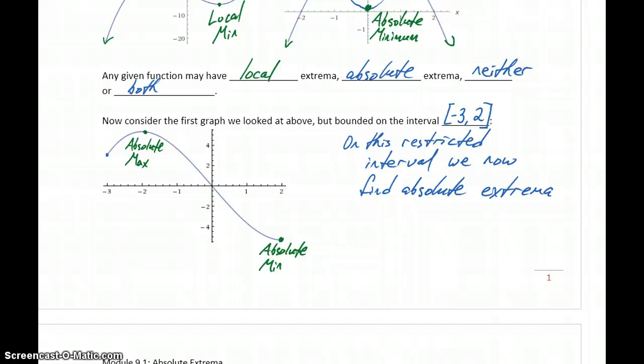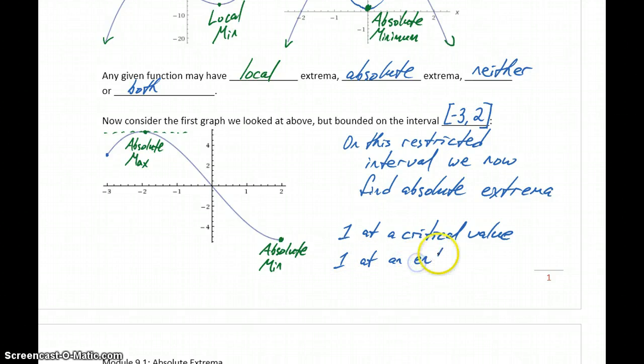And what we can be a little more precise in noting is that one of these extrema happens at a critical value. Again, critical values being wherever our first derivative is equal to 0, so anywhere that we would have a horizontal tangent line. So we have one of those absolute extrema occurring at a critical value, and one occurring at one of the endpoints of that closed interval.